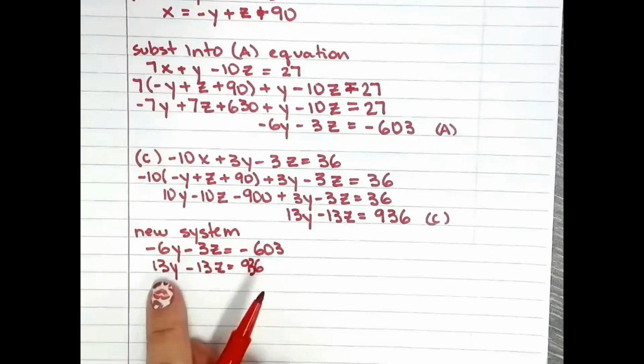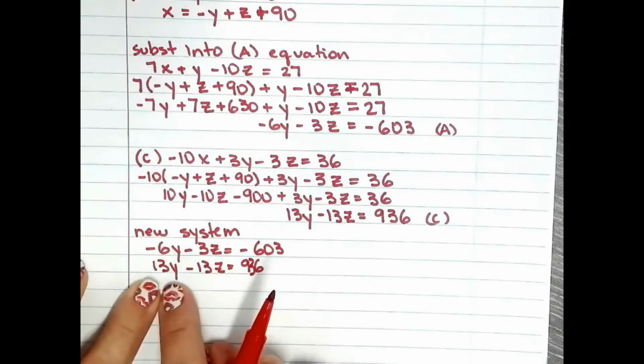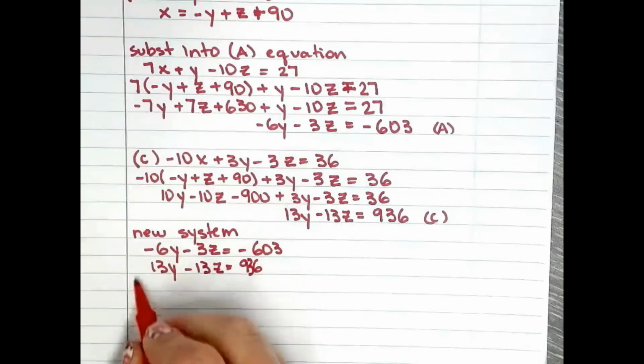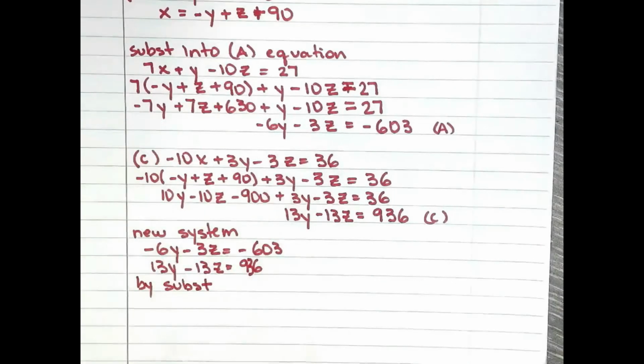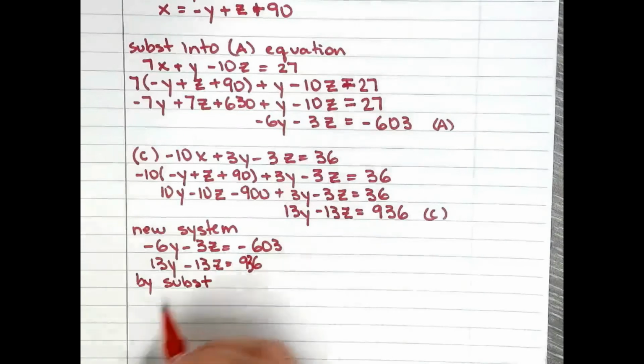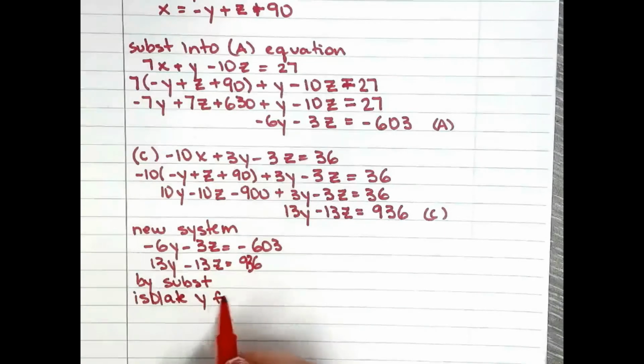Now if I solve by substitution here, I can just go ahead and solve for y. So by substitution, if you want to do elimination, go for it. I will isolate y from this one.